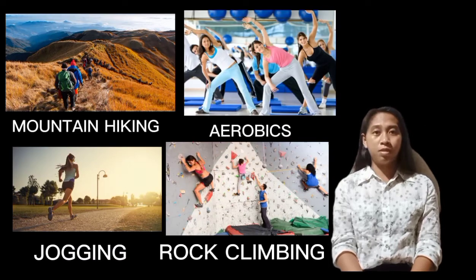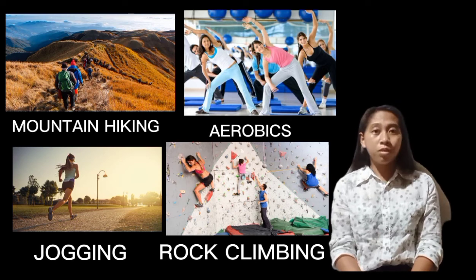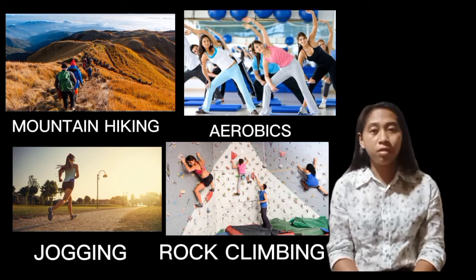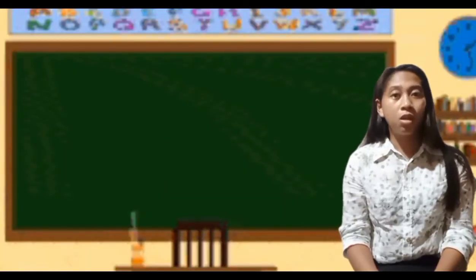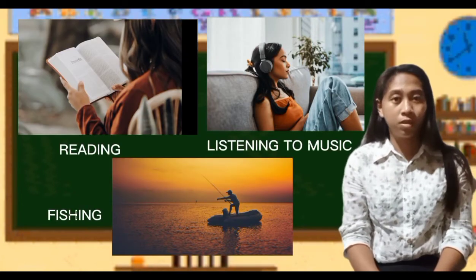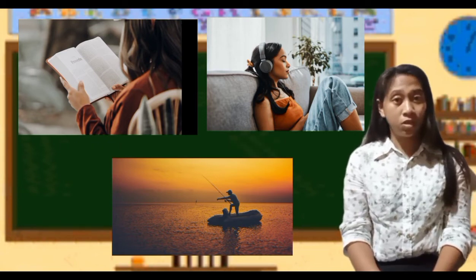Examples of active form are mountain hiking or mountaineering, aerobics, jogging, and rock climbing. Those are examples of activities that really involve the physical body, while passive form could be reading, listening to music, or even fishing.